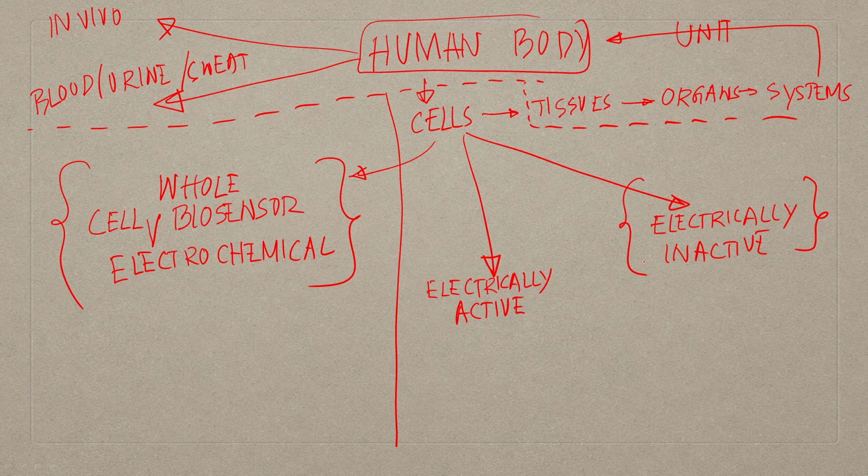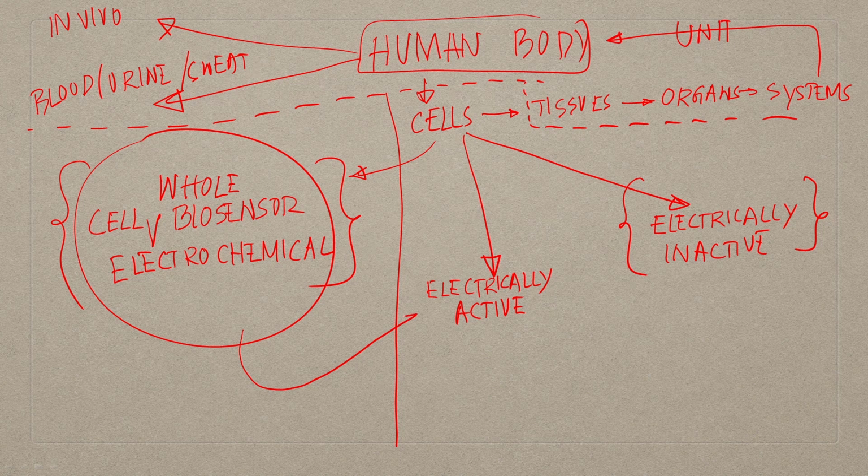So, our primary interest in understanding these kind of whole cell electrochemical biosensors is focused on electrically active cells of our body. Because electrically active cells are capable of generating an electrical impulse, and this electrical impulse varies with the kind of stimulus given to them. So, say for example, a simple example, your nose.